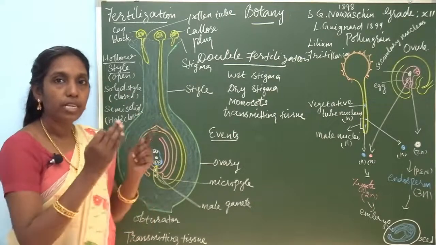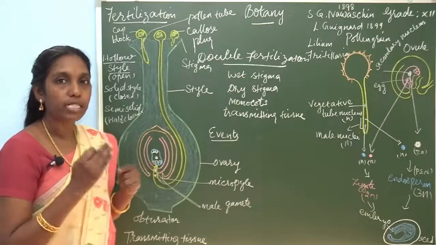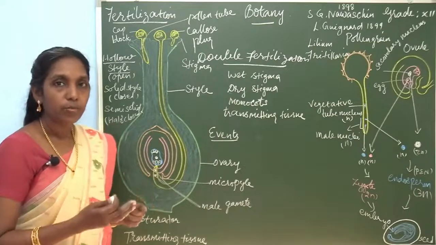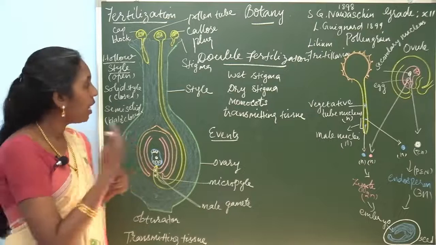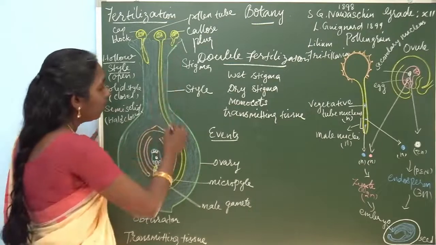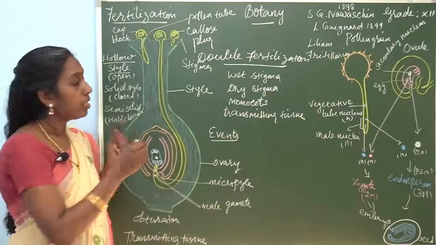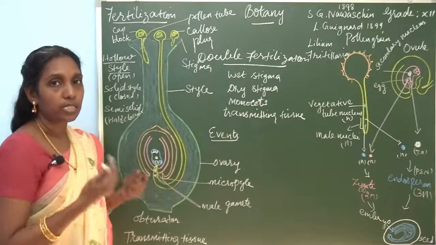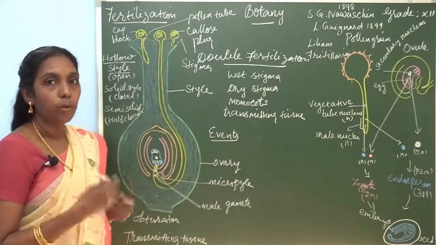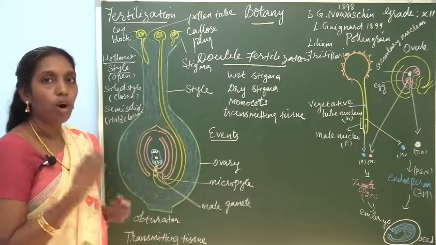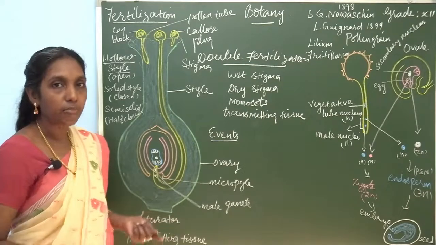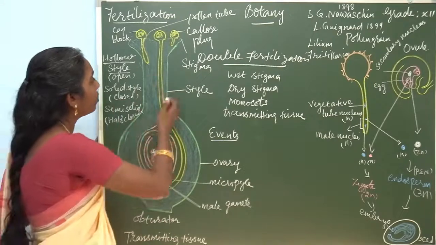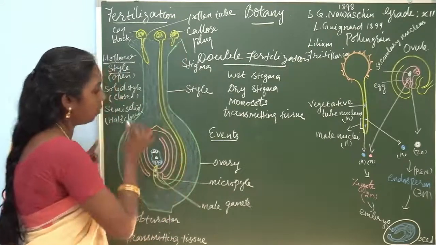The transmitting tissue helps the pollen tube to germinate. It gives nutrients because it is filled with lipids, carbohydrates and some enzymes, so it nourishes the developing pollen tube.